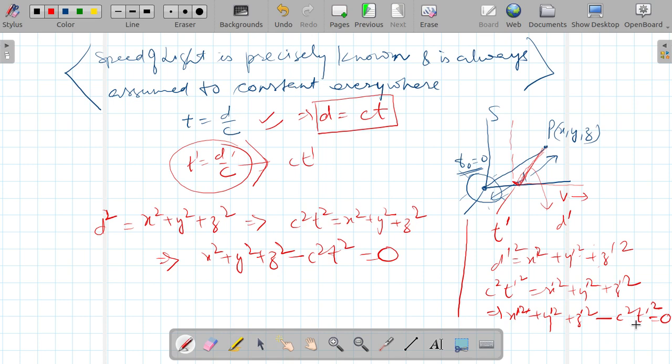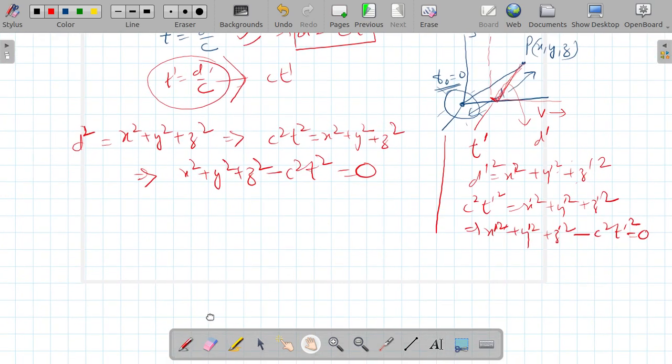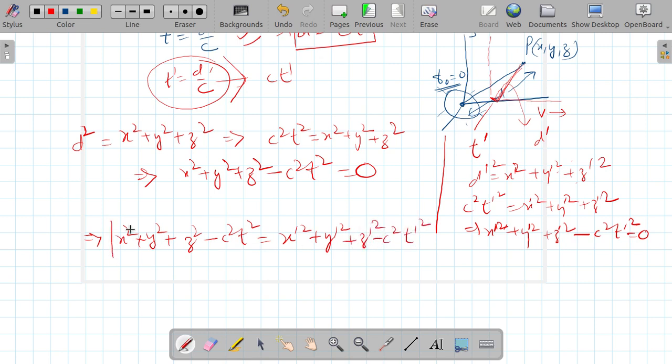So if I compare these two equations, x square plus y square plus z square minus c square t square must be equal to x prime square plus y prime square plus z prime square minus c square t prime square. So this is the equation which I am getting out of it.